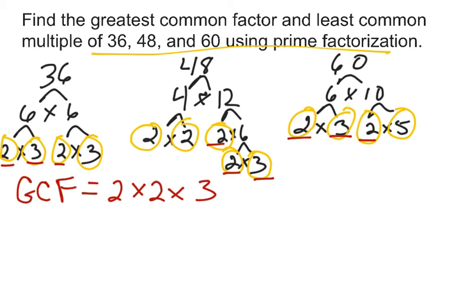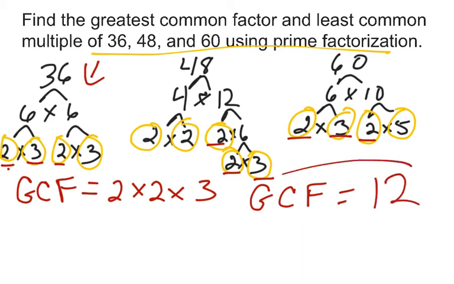So when I look at greatest common factor, by the way, I don't worry about exponents as much. I focus on that when I look at least common multiple. So 2 times 3, 2 times 2 times 3, my greatest common factor is 12. And I'll circle that so that it stands out.